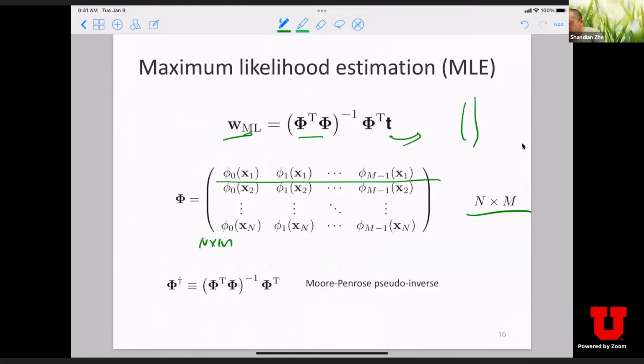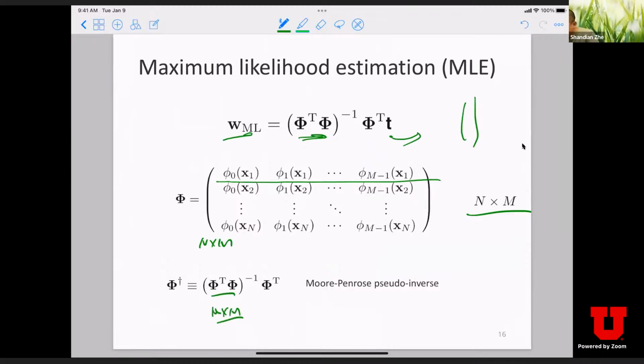The problem here is that, from the numerical perspective, phi transpose phi is not necessarily positive definite. It's positive semi-definite for sure, but it's possibly low rank. Phi transpose phi is m by m.